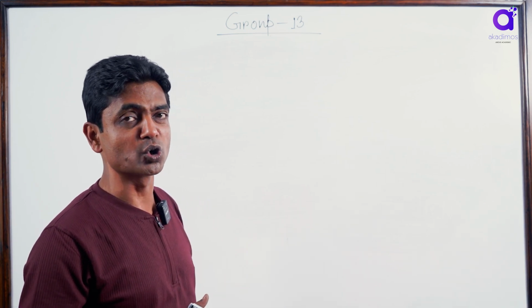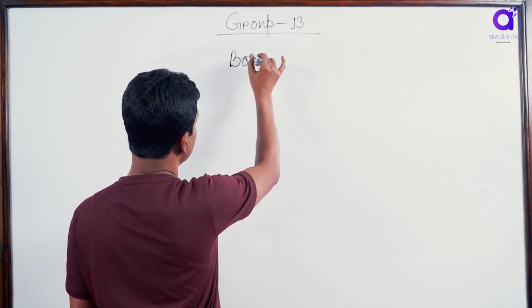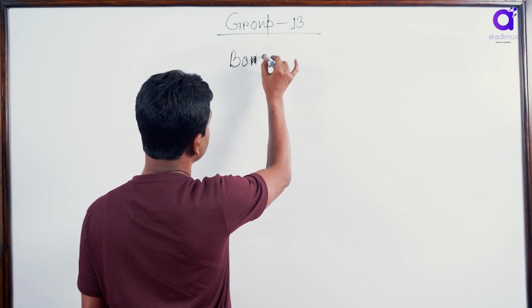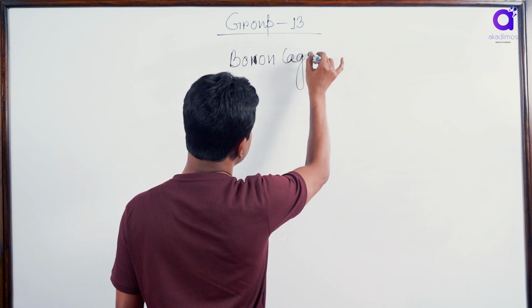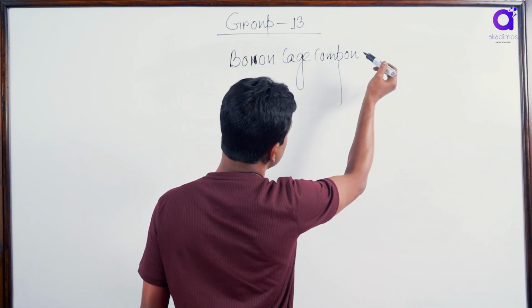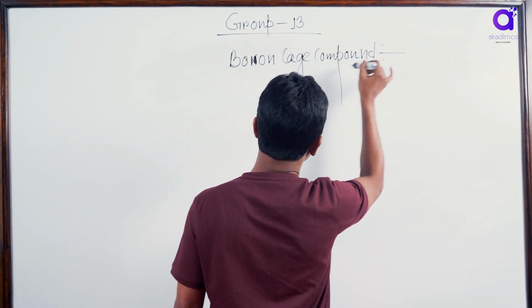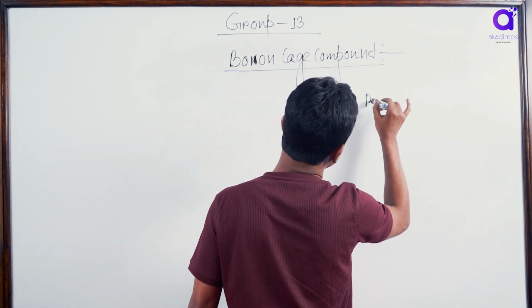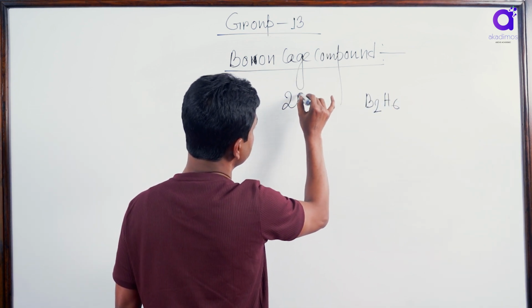They are called boron cage compounds, since their structure is like a cage. And we have the simplest borane. The simplest borane is B2H6, the dimeric form of BH3.